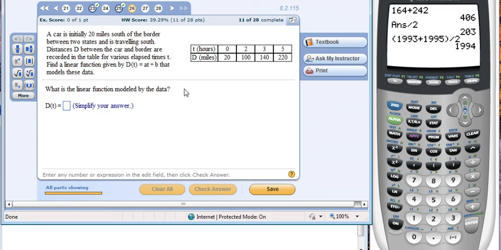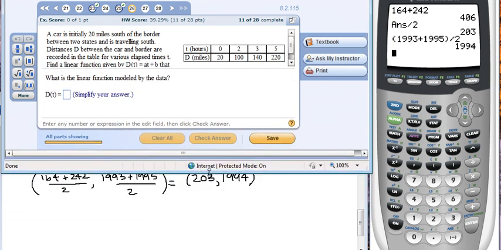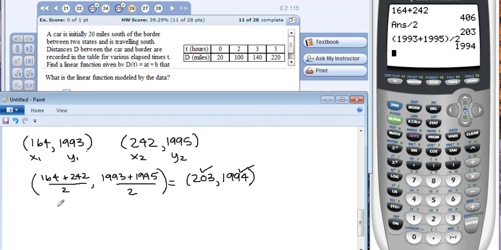Let's figure out what the slope is. We're going to take any 2 points. I'm just going to pick these two. I'm going to go down here and calculate my slope. I've got delta y over delta x.